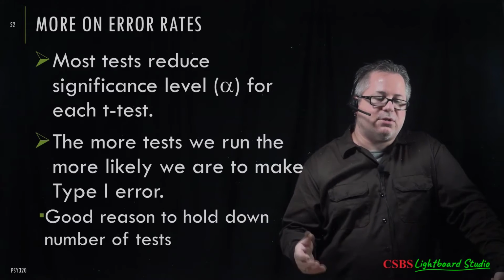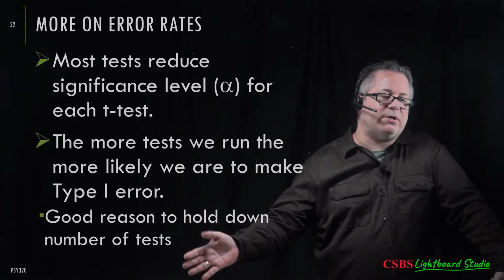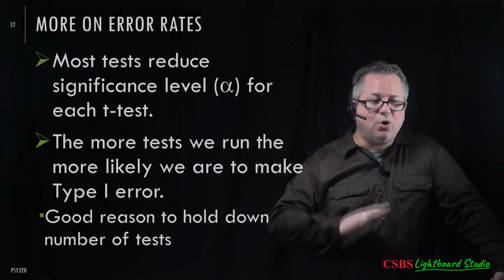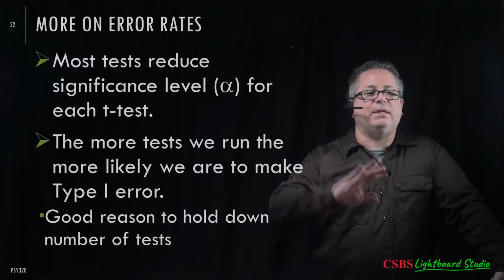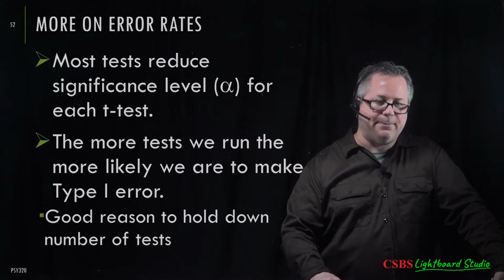The more tests you run, the more likely you are to make a type 1 error. So if we do the alpha level at a lower level for each test, collectively it'll add up to about 0.05. We're able to control for it by doing that.